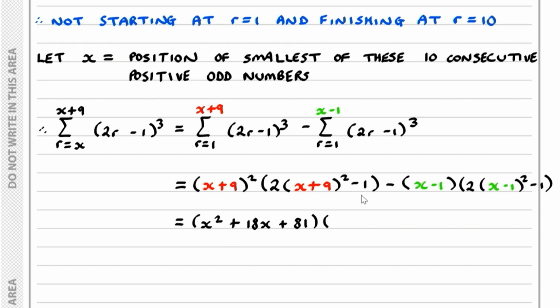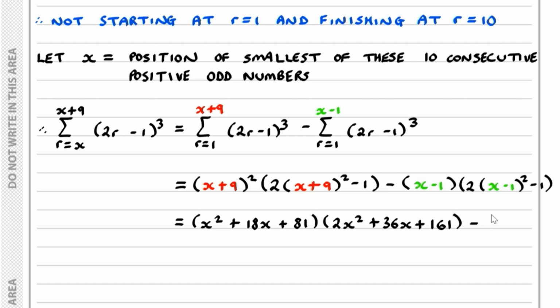So that will be 2 lots of x squared, and then we've got 2 lots of 18x, and then we've got 2 lots of 81 minus 1, so that's 161.